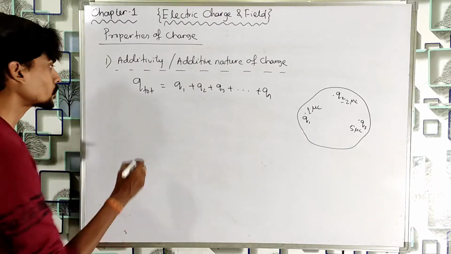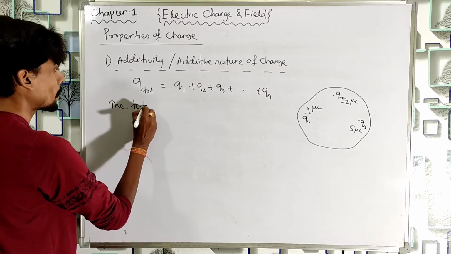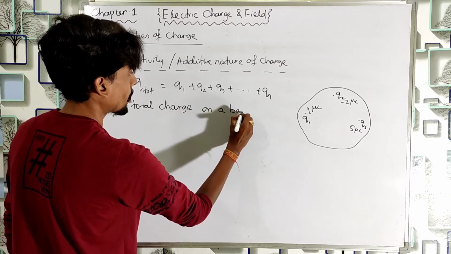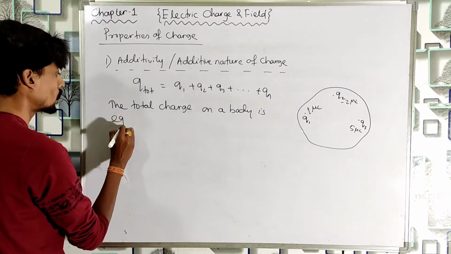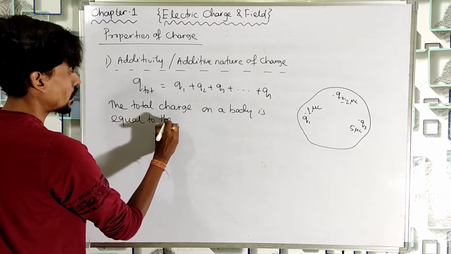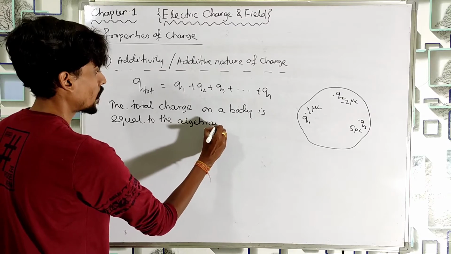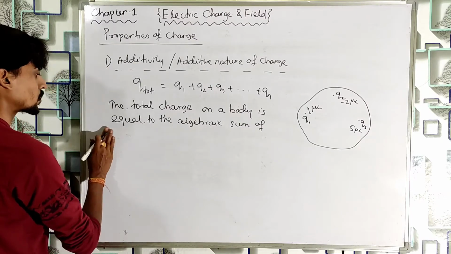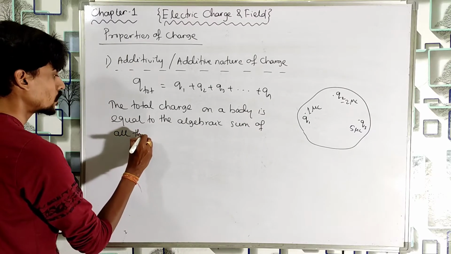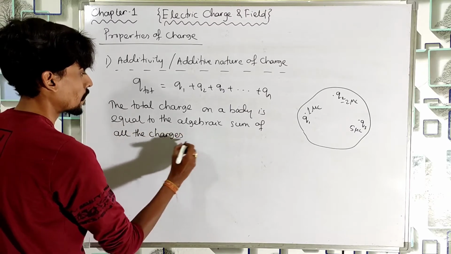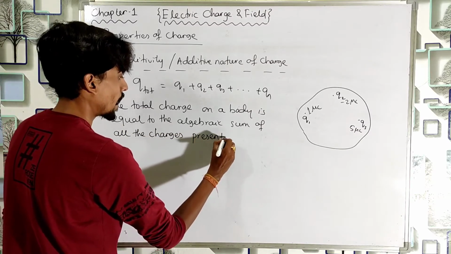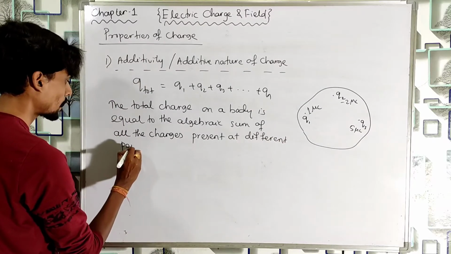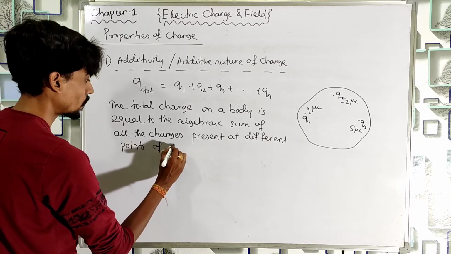You can write that the total charge on a body is equal to the algebraic sum of all the charges present at different points of the body.